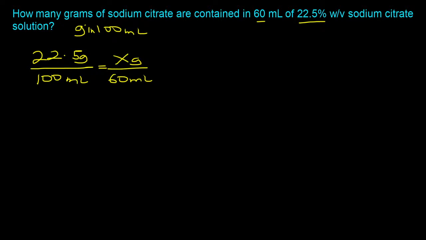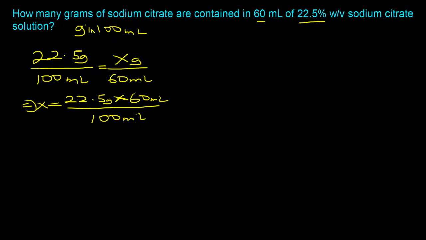Now we have a very nice proportion, and we can simply solve for our unknown, which is x here. So x equals 22.5 grams times 60 milliliters divided by 100 milliliters.